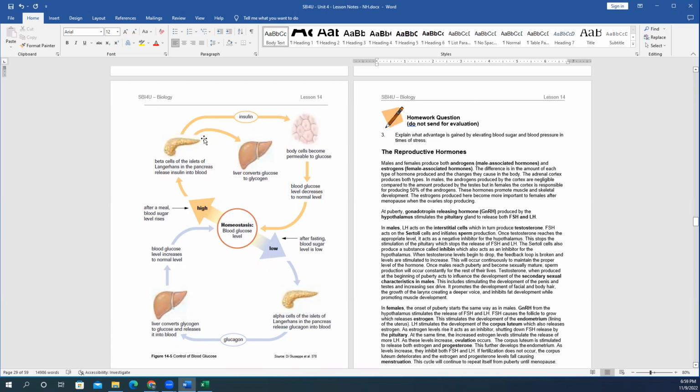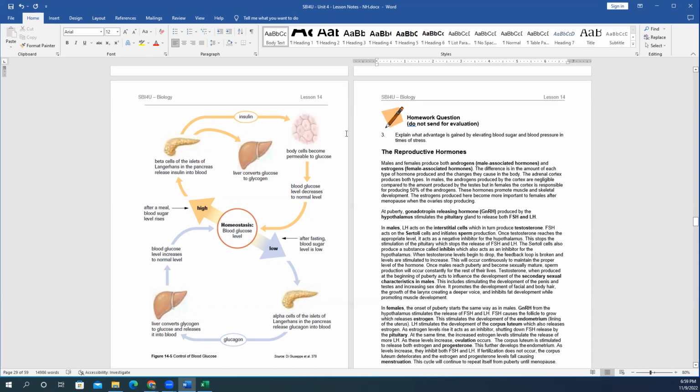They release insulin into the blood. And insulin has two targets. One, it targets the liver, where it converts glucose into glycogen. So glucose that's within the blood gets converted and stored as glycogen in the liver.